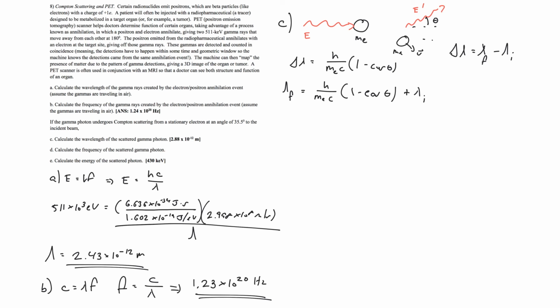Okay, so let's see, plugging in the constants and the values that we know. So remember, we're told that the scattering angle is 35.5 degrees.